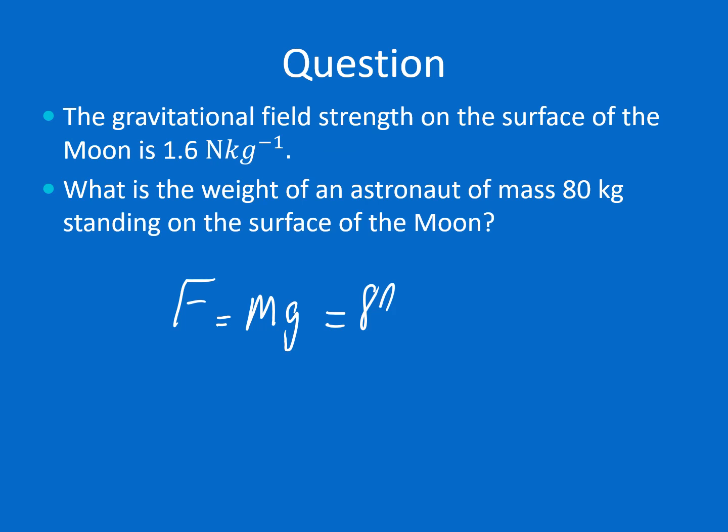We've got 80 kilograms, and a gravitational field strength of 1.6 newtons per kilogram. It's a simple calculation for this one, because you're given the gravitational field strength, so 80 times 1.6 gives us 128 newtons. We need this to two significant figures, so that's just 130 newtons.